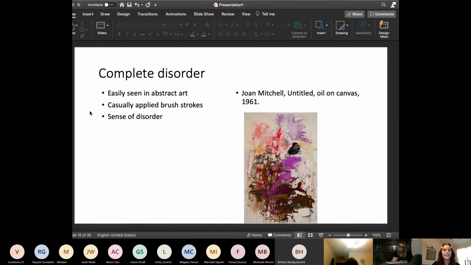And then completely opposite of unity and variety is complete disorder. This is most often seen in abstract art. That's the casual application of brush strokes. There is a sense of disorder in these paintings. An example of a painting that uses complete disorder is Joan Mitchell's Untitled.